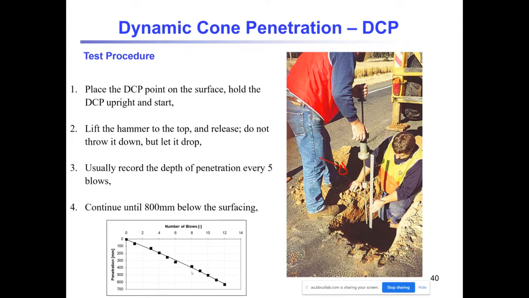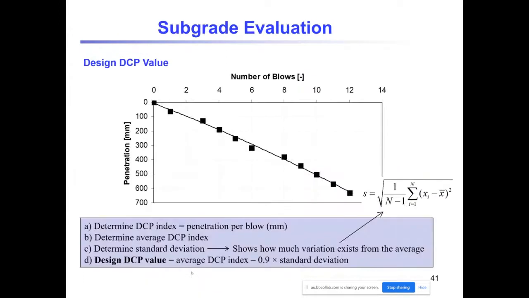But there is a procedure that we generally follow in order to calculate the DCP. And here I explained it in 4 stages. So you conducted the test and you got the results, number of blows versus penetration. So the thing we want to do is to determine the DCP index, which is penetration per blow, and the unit is millimeter.